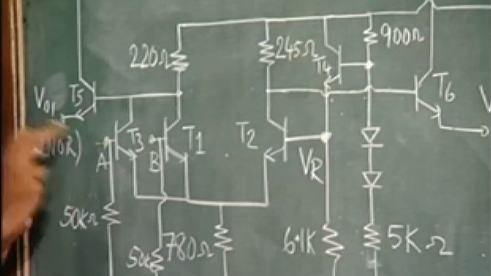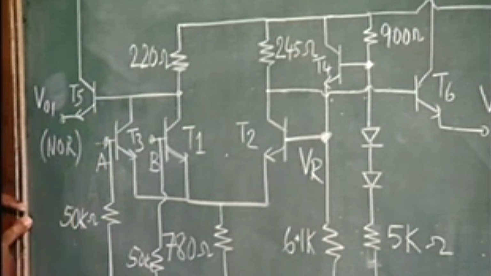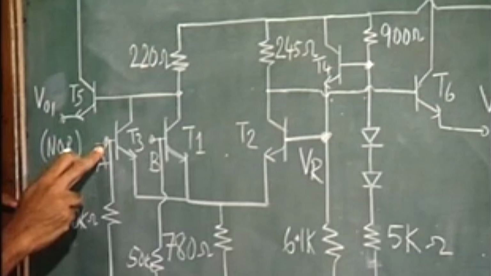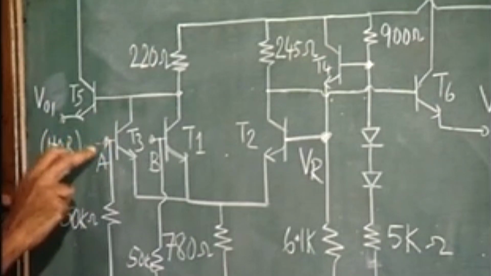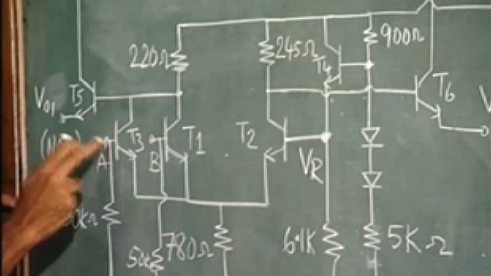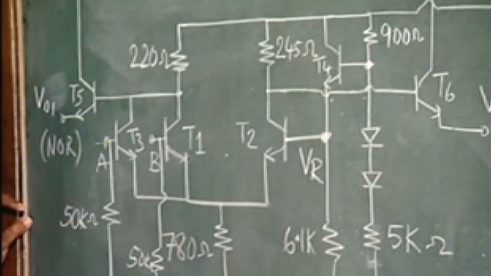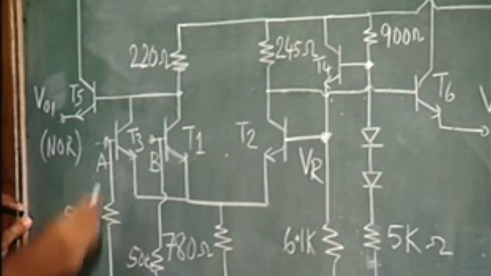You are basically not leaving the input floating, which can give rise to a lot of problems. If you are not connecting an input here, the logic at that particular input is going to be a logic 0, because it is connected to the lower potential through a resistance.